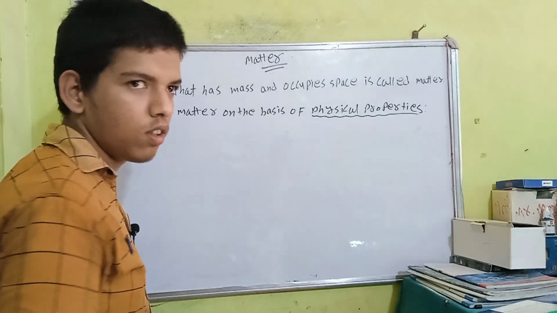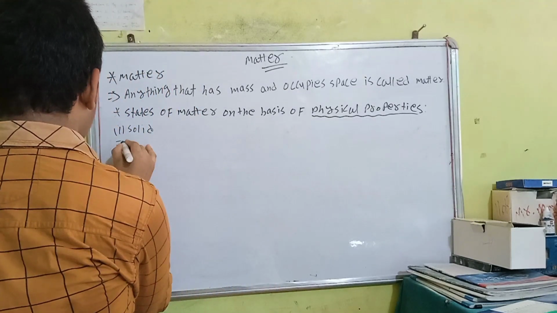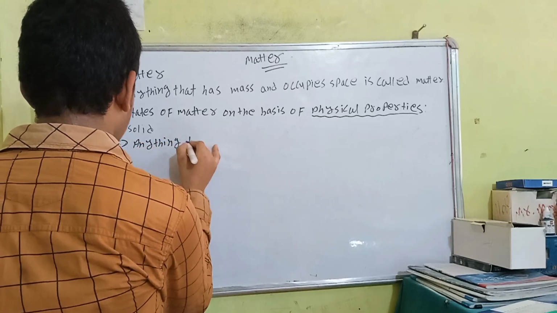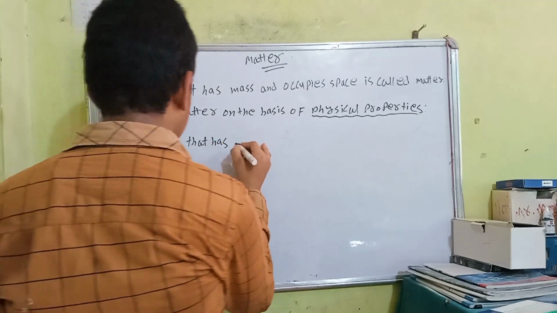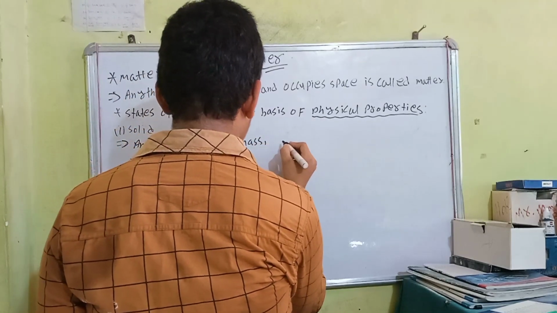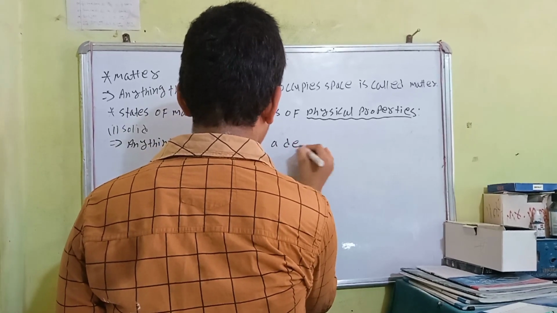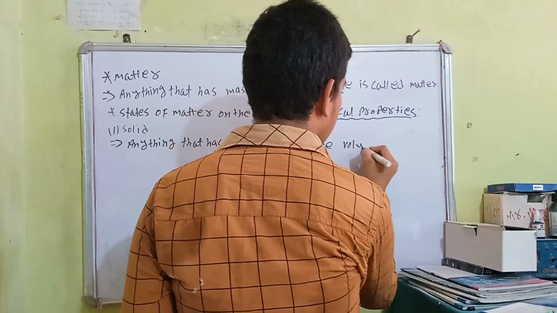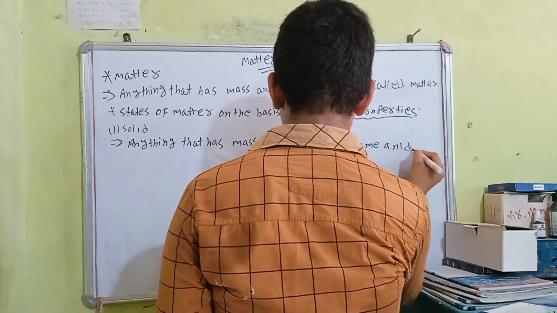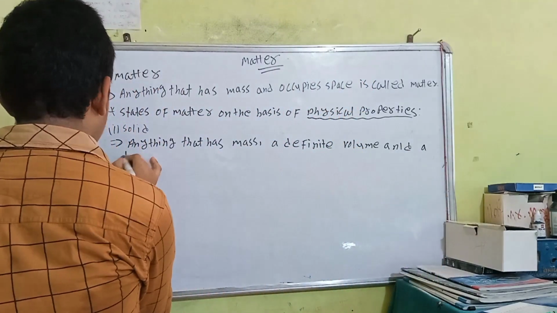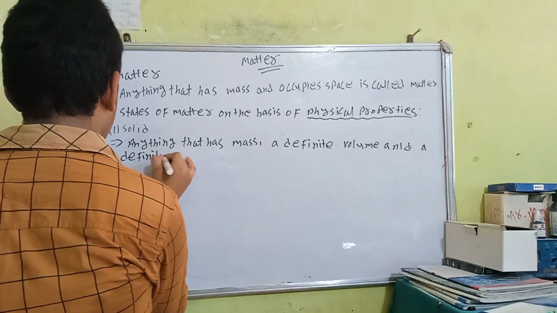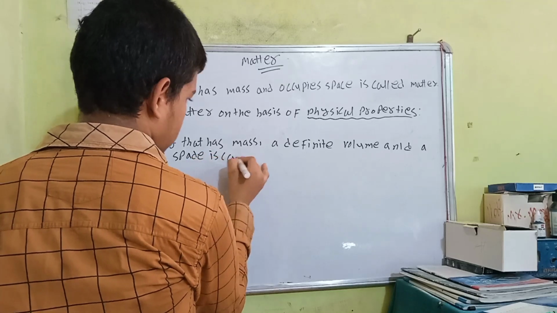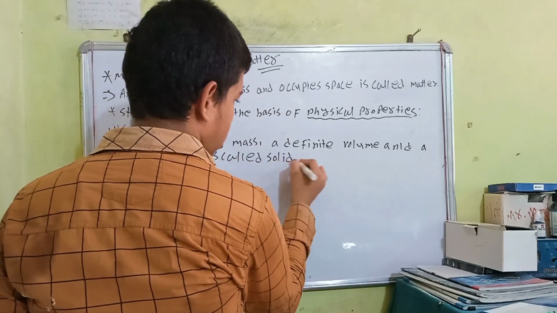Definition, let's pause. So its definition is anything that has mass, a definite volume, and a definite shape is called solid.